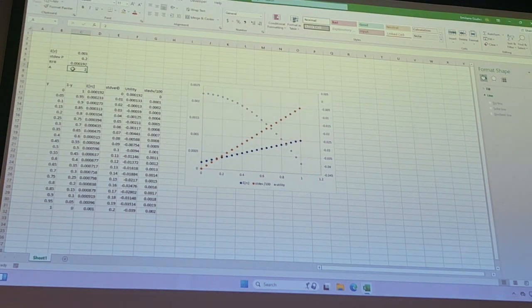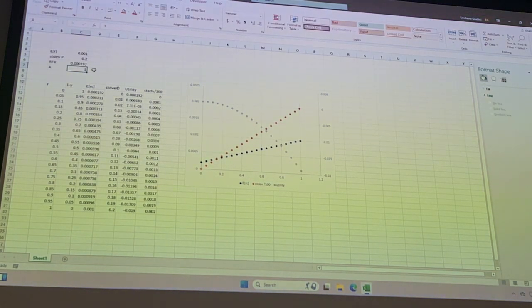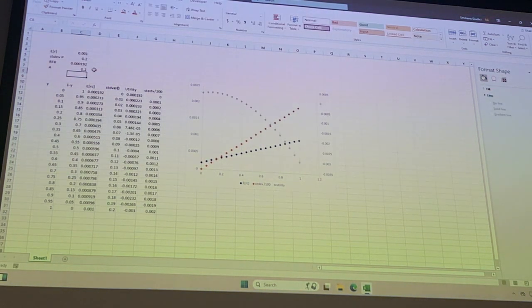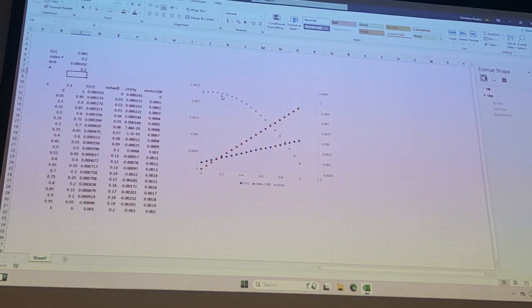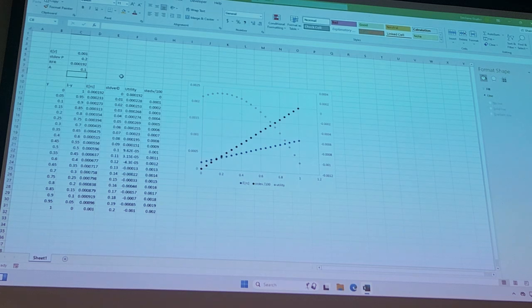Okay. So the curve is becoming a bit flatter. And now you can see that it's kind of peaking up here. Yeah. Questions?